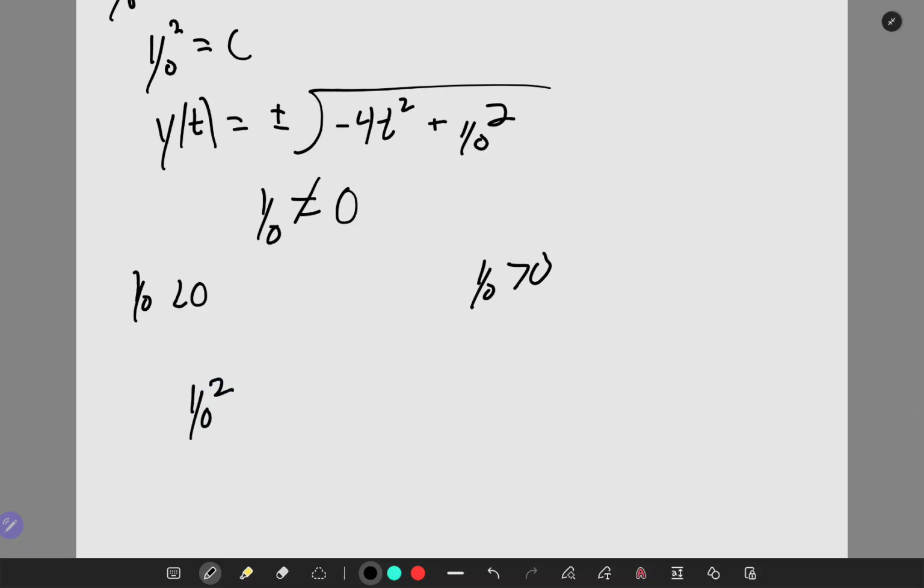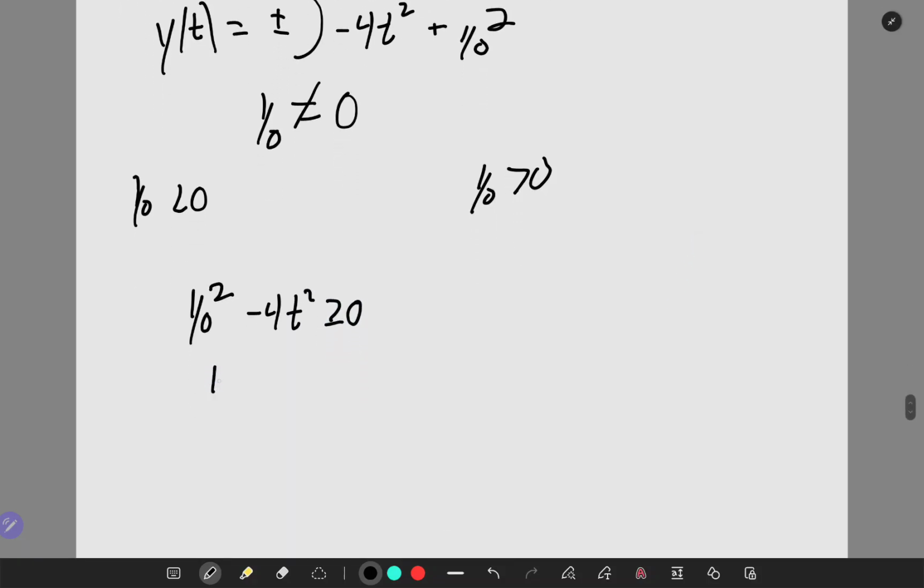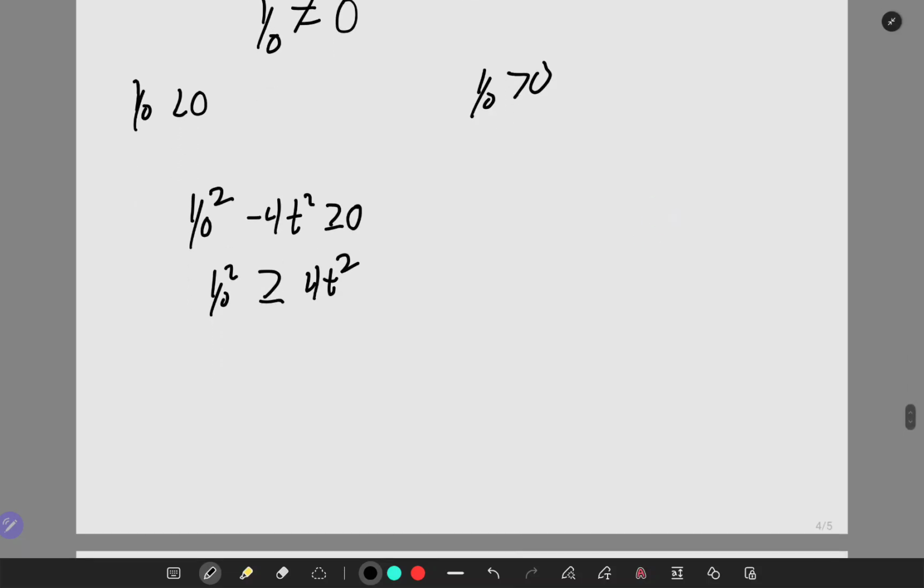The square root of y naught squared minus 4t squared requires y naught squared minus 4t squared to be greater than or equal to 0. If we move that over, y naught squared is greater than or equal to 4t squared. Take the square root of both sides. This will become the absolute value of y naught is greater than or equal to 2 times t.